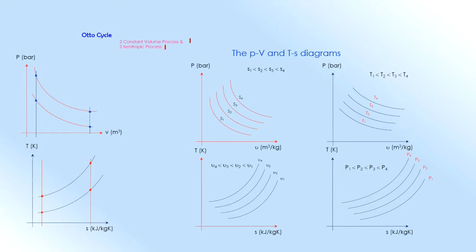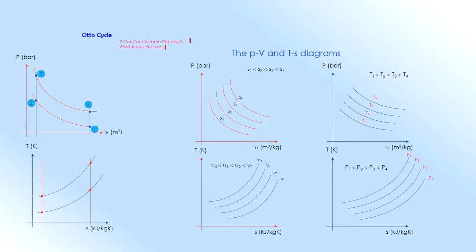Then the next thing is we're going to put in the state points 1, 2, 3, and 4 on both PV and TS. Be careful: if, for example, you choose to put your point 1 on the PV diagram first, then the point 1 that you place on your TS diagram should tally with the point 1 that you have put in your PV diagram.